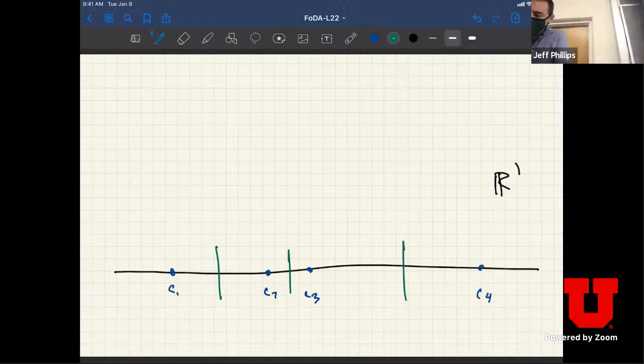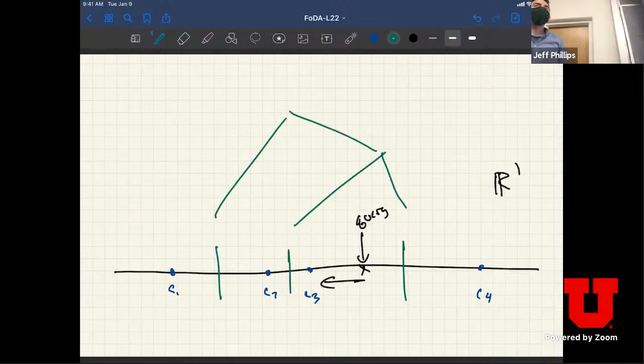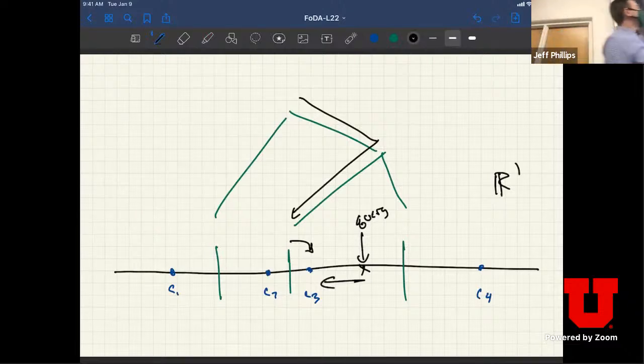But then if I have a query X, I can tell which is the closest point, C3, by building a balanced binary tree on top of these dividing points. Then on a query, I can walk down and find the largest dividing point that is smaller than X, and I know that is going to be associated with C3. So I can build a binary tree and walk down in log K.